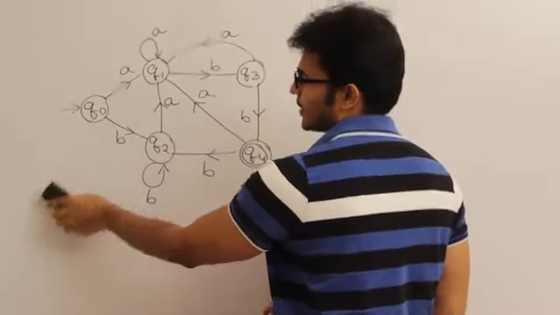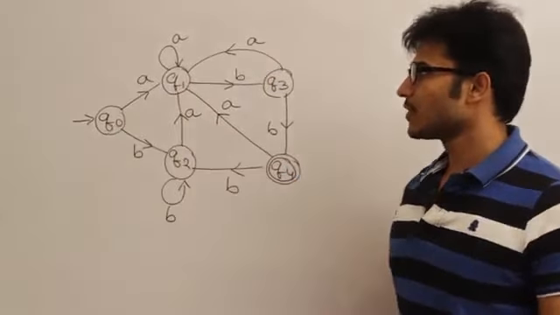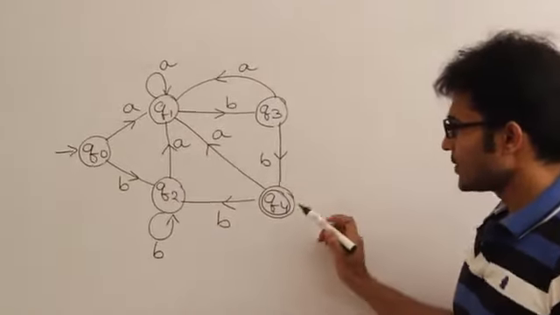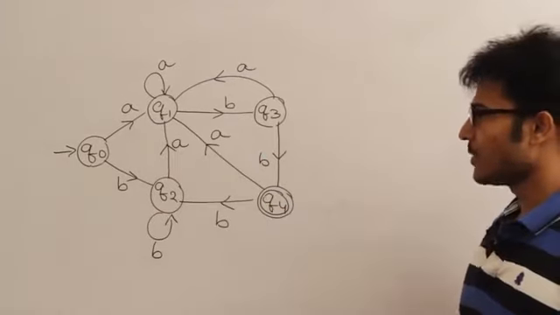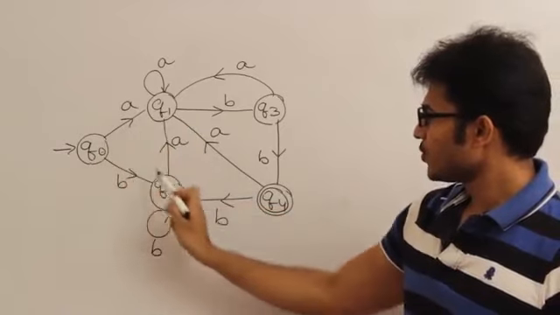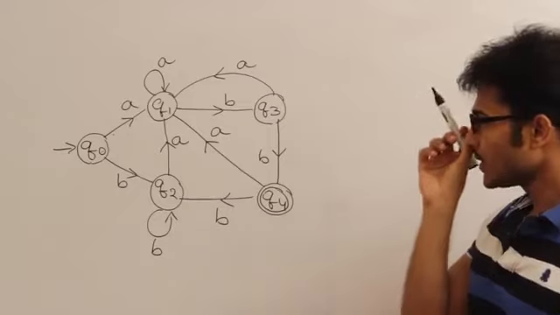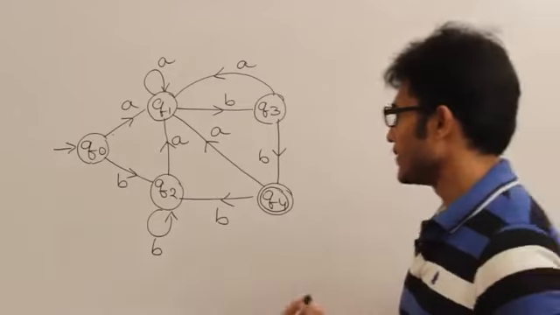Step number 1 is try to delete all the states to which we cannot reach from the initial state. If you look at this diagram, all the states are reachable from the initial state. Q0 is obviously the initial state, Q1 is reachable, Q2 is reachable, Q3 is reachable, Q4 is reachable.